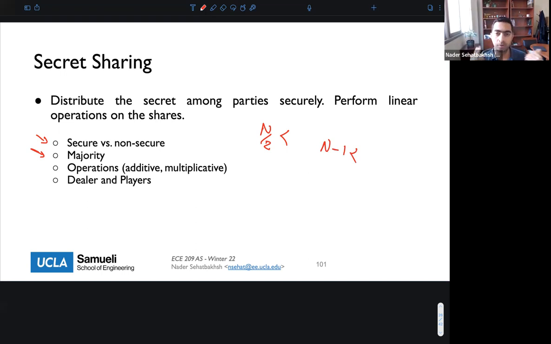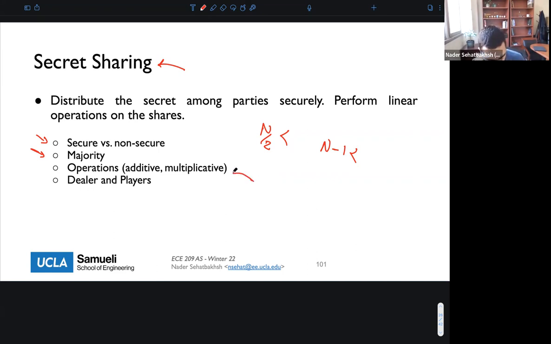There are more relaxed versions as well, and so on. So the notion of majority is important in secret sharing, and it can depend on the scenario. The original secret sharing is just for storing a specific value, where we divide the shares between users.